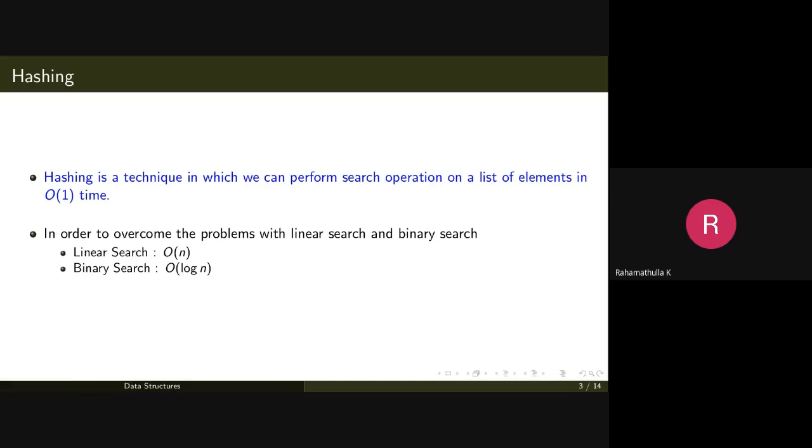But what if we have a search mechanism over a list of elements in a constant time, in order of one time? Hashing is a technique in which we can perform search operation on a list in a constant time. But the only thing is that we should create the list based on some properties, or some mechanisms, so that the list can be accessed or retrieved in order of one time. We will see this in detail.